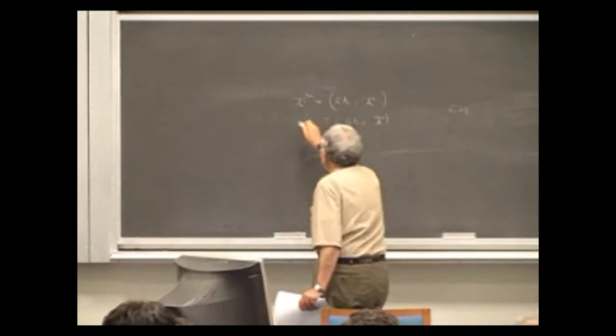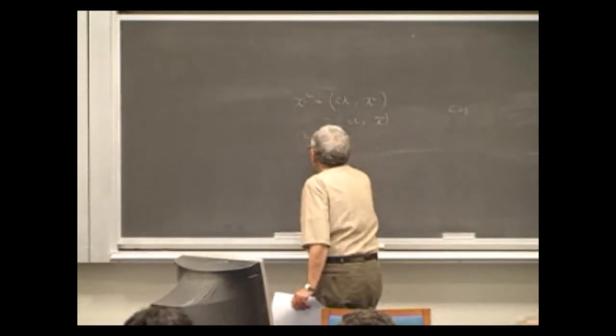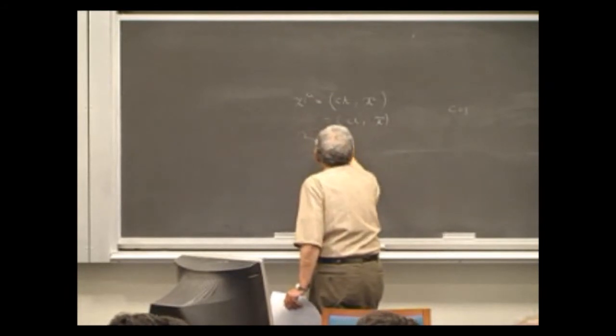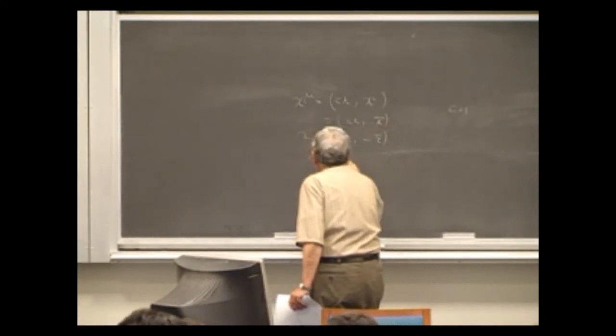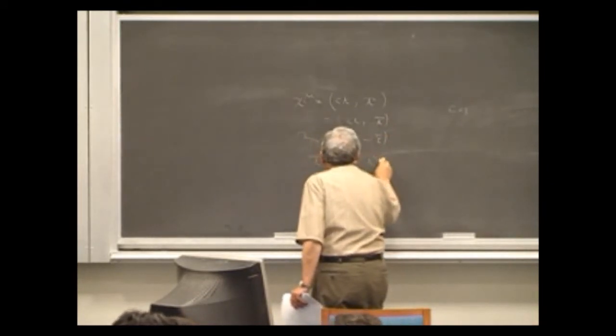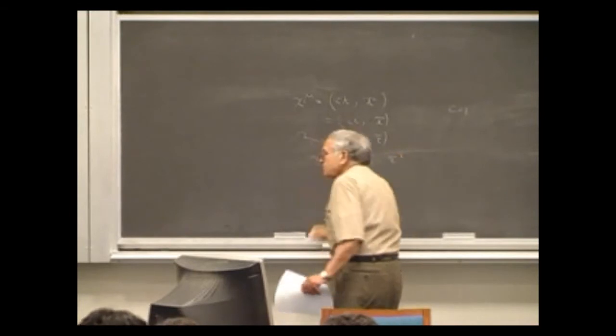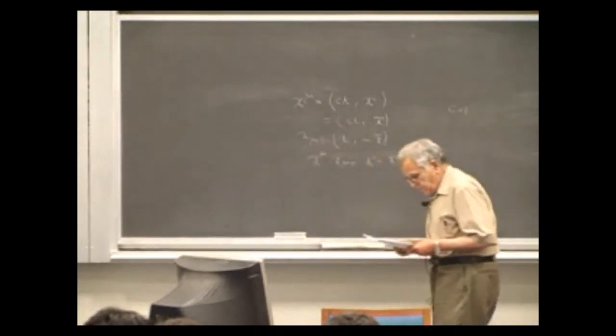Then we have this contravariant vector, and then the corresponding one also. So that will be (t, -x), so that you have x^μ x_μ = t² - x². This is the length interval which we will be using.